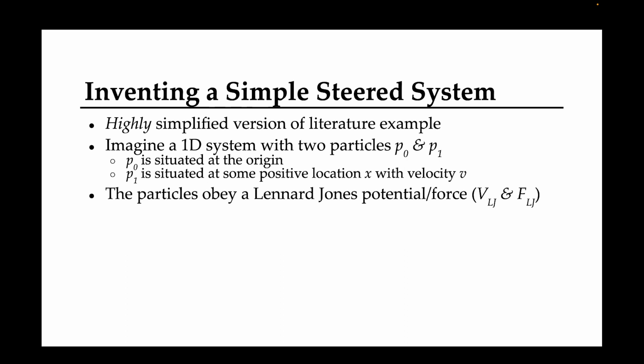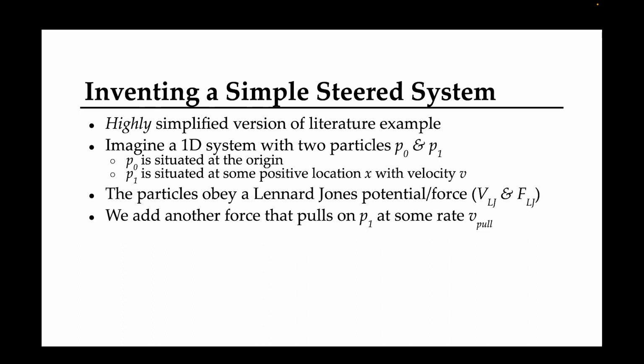The two particles obey a Lennard-Jones potential and force. So we can say that there's a force that's acting on P1 due to P0 simply based on its location x, which will be the distance. And that's because we chose to do things relative to the origin. We'll add another force. Okay, this is going to be our non-equilibrium force that pulls on P1 at some rate, and we'll call that rate V pull.